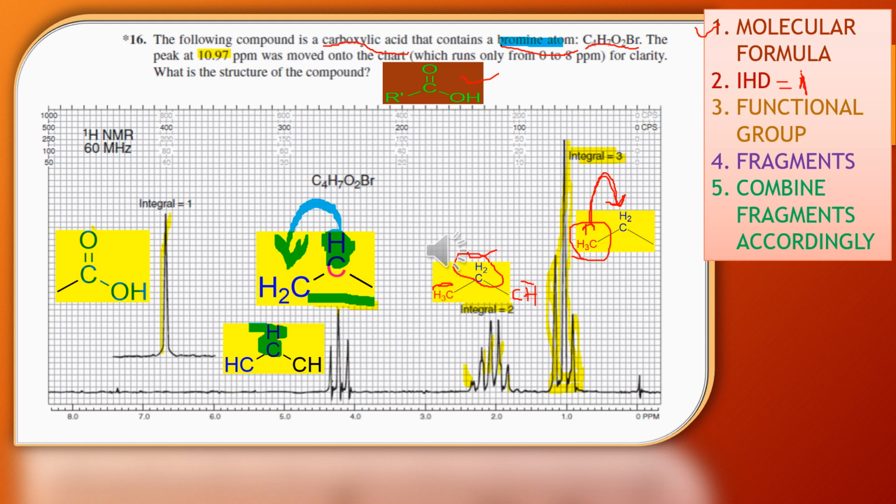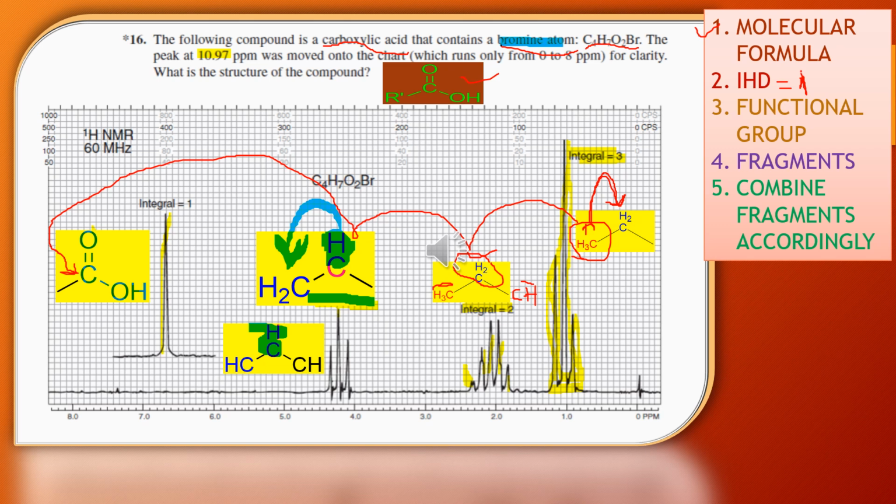If I combine these fragments, what would be the structure? You can see very clearly this methyl group is attached to this CH2, and then this CH2 is attached to this CH, and obviously this CH will be attached to the carboxylic group.